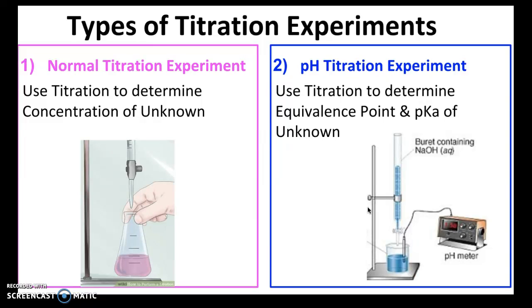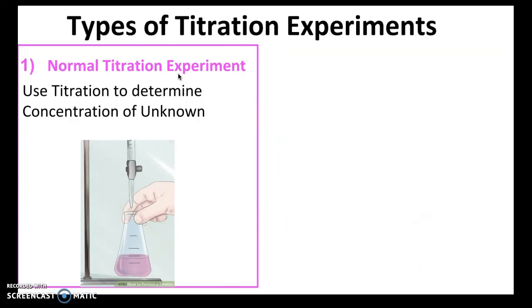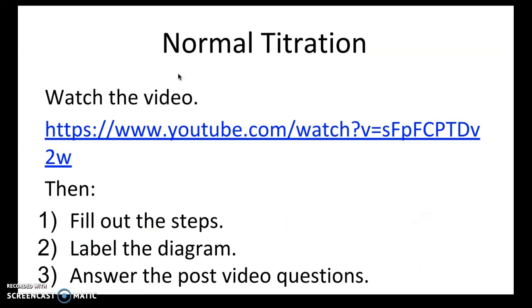There are two types of titration experiments, normal titration and pH titration. We're going to focus on the normal titration experiment, and you saw that setup before. What I'm going to have you do now is watch a linked video, fill out the steps on your note slide, label the diagram, and answer the post video questions. All of these are linked in the slides.